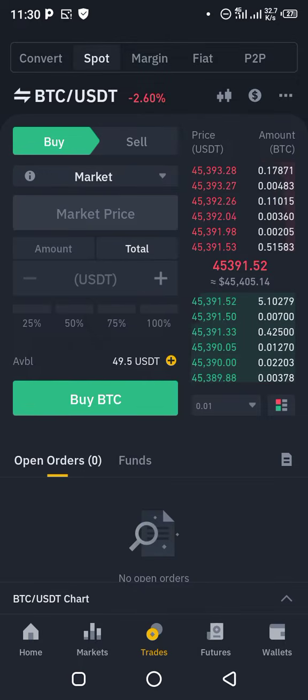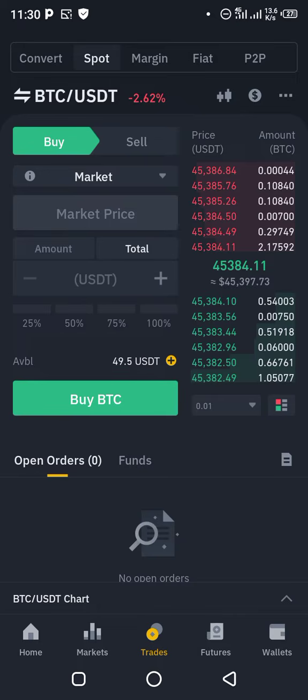We'll be making a live demonstration right now, and I will show you exactly how to go about this. It's very simple. The very first thing you want to do is to buy your pair on the spot wallet. We're on our spot right now. I'll be using $49.